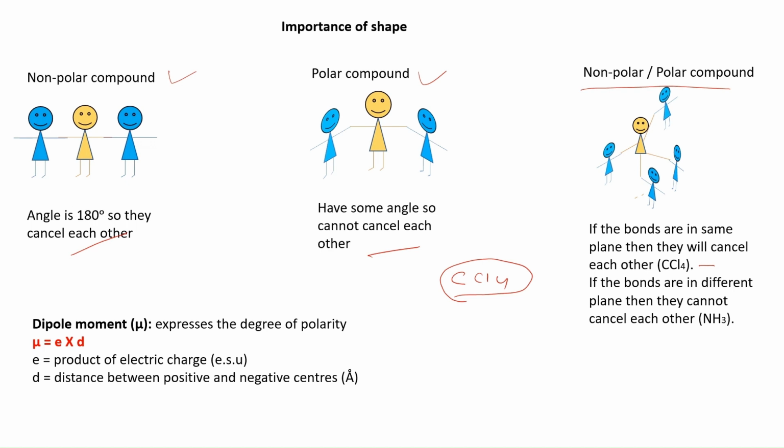Correct? The first thing is the involvement of carbon. Carbon cannot form ionic bonds. Why? Because carbon has 6 electrons, 2 and 4. Valence electrons are 4.